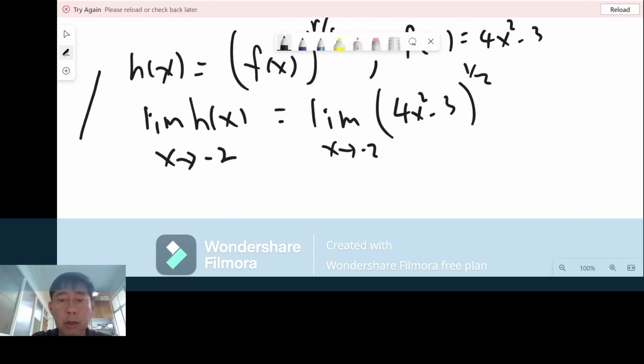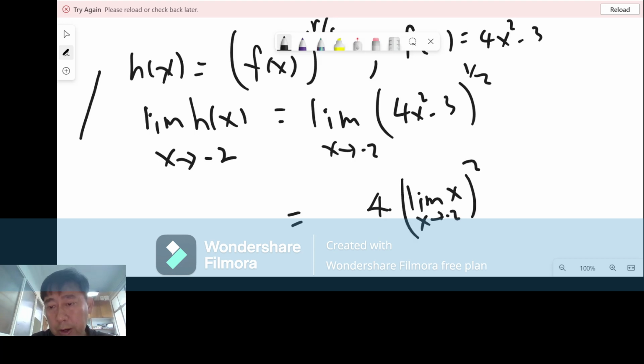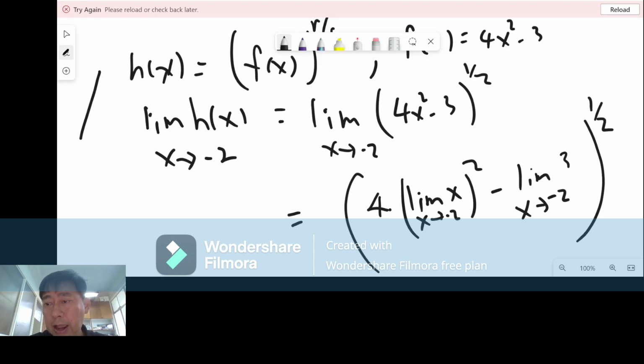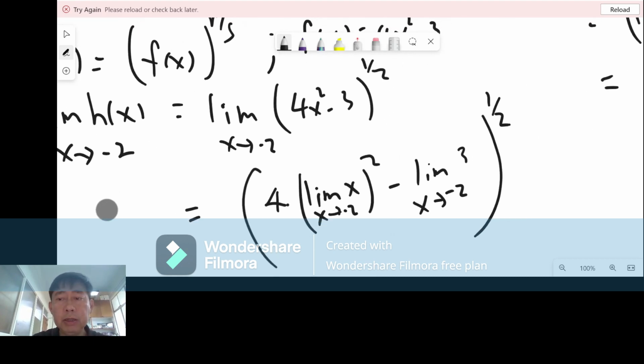So the correct answer, or the steps that you can skip a little bit, is this. This is equal to 4 times the limit of x tends towards minus 2 of x squared, minus the limit of 3 when x tends towards minus 2, and the whole thing is raised to a half. That is written down based on theorem number 1.